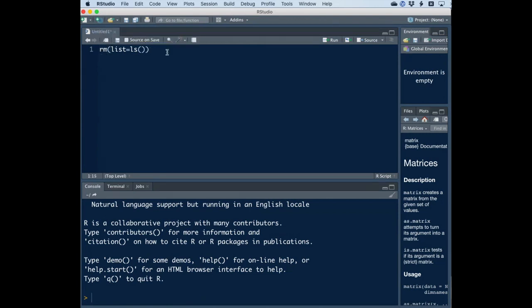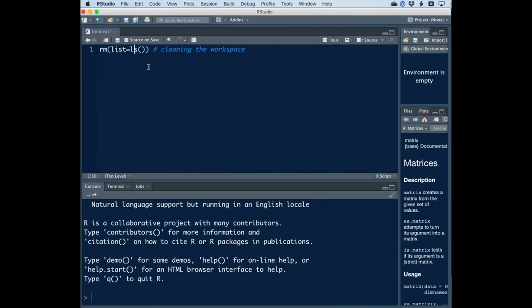So I can comment this command here. I'll write a fence and then write cleaning the workspace. And you see that the color changes. That means that we are writing a command which is not executed. So you see I wrote the command, but I did not send it to the console.